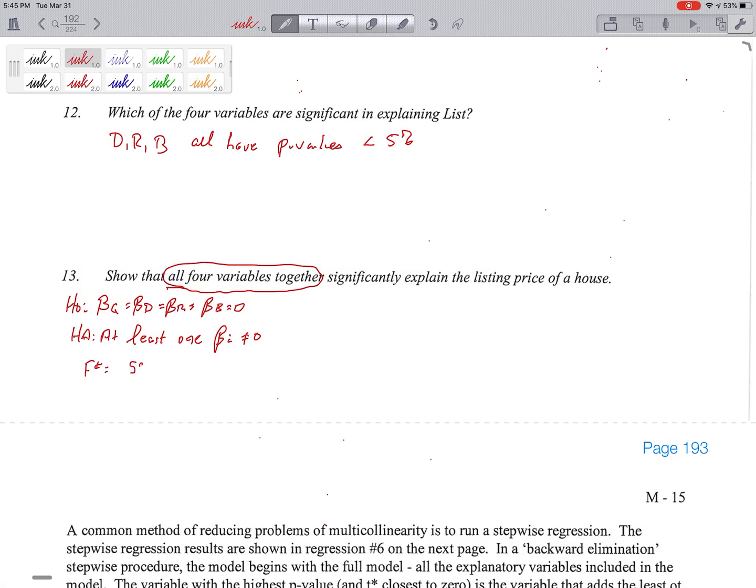The F star value would be the SSR over P divided by the SSE divided by N minus P minus 1. Now, let's take a look at an F distribution.